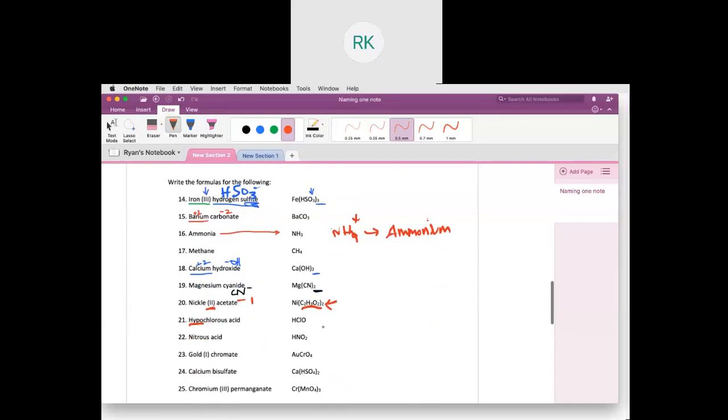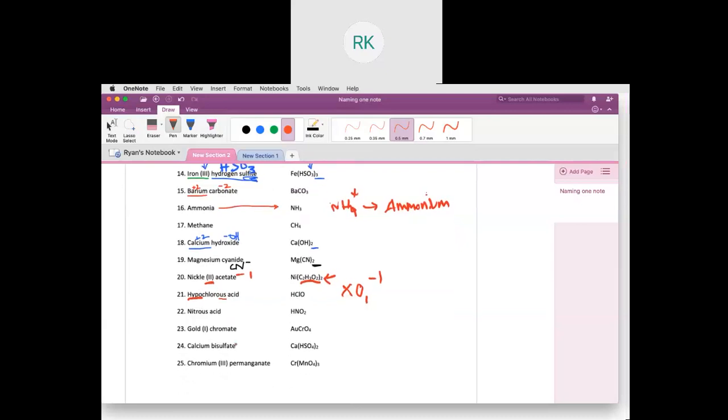This indicates that it is coming from the general format XO to the negative first, right? There's one oxygen, and this is probably a halogen. Hypochlorous: the chlor part is telling you that the X is chlorine. The hypo and the ending is telling you that there's just a singular oxygen, and it's an acid, so HClO.